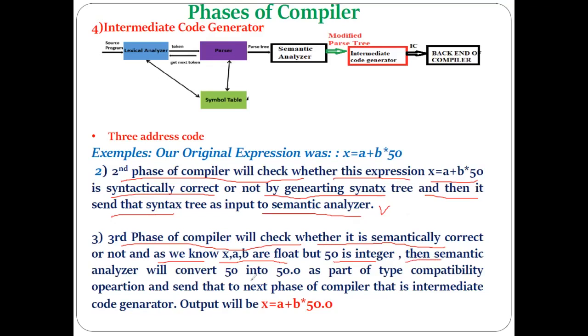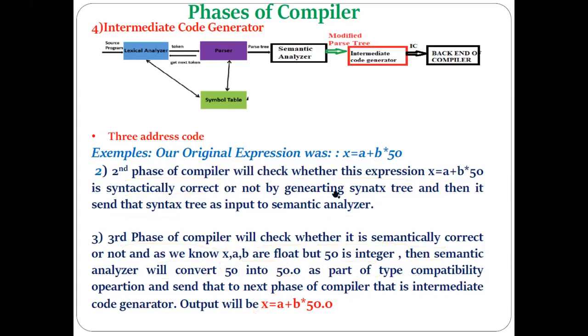So here the semantic analyzer will convert the type of 50, which is integer, into float. It will convert that into 50.0 as a part of the type compatibility operation and send that to the next phase of the compiler, that is the intermediate code generator. So this is the output generated by our third phase of the compiler, the semantic analyzer.